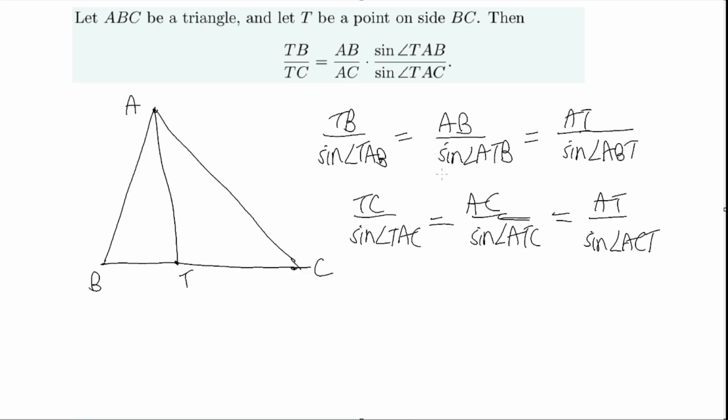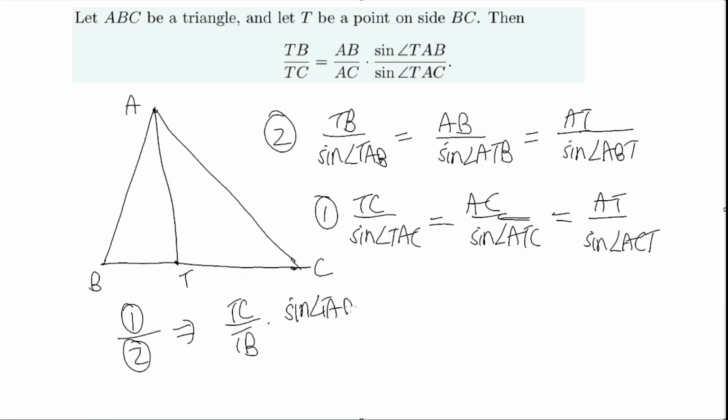Since we want the sine angle TAC to be on the denominator, and it's already on the denominator here, let's divide this equation here by this equation here. So 1 divided by 2, then 1 divided by 2 gives that we have TC over TB times sine angle TAB over sine angle TAC.